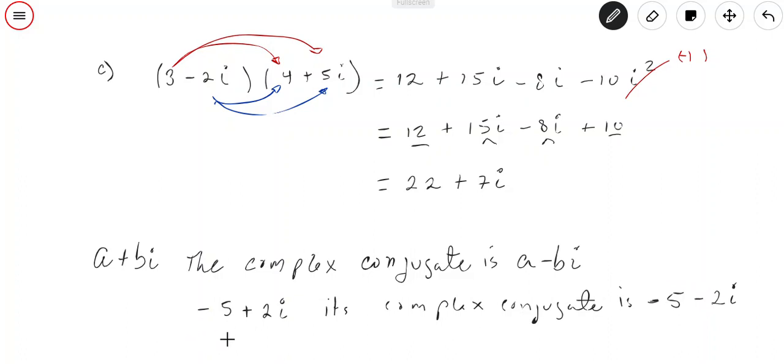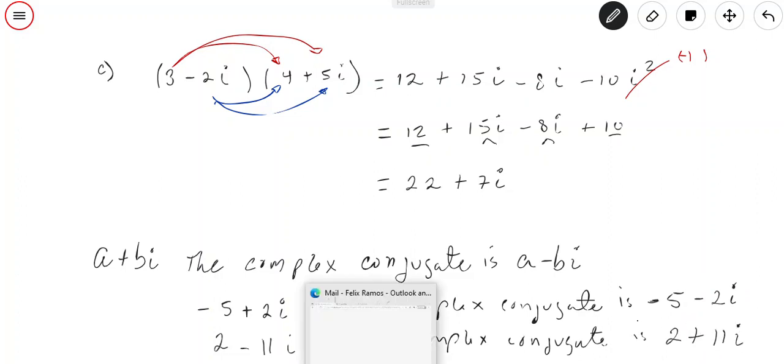If I have one number that is 2 minus 11i, its complex conjugate is 2 plus 11i. So we obtain the complex conjugate by reversing the sign of the imaginary part.